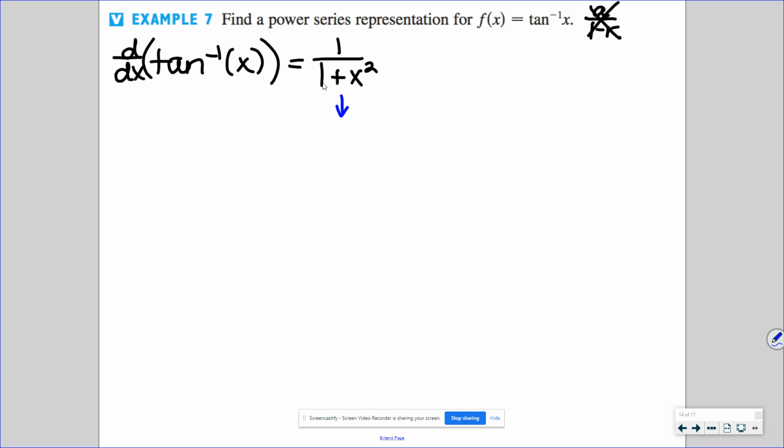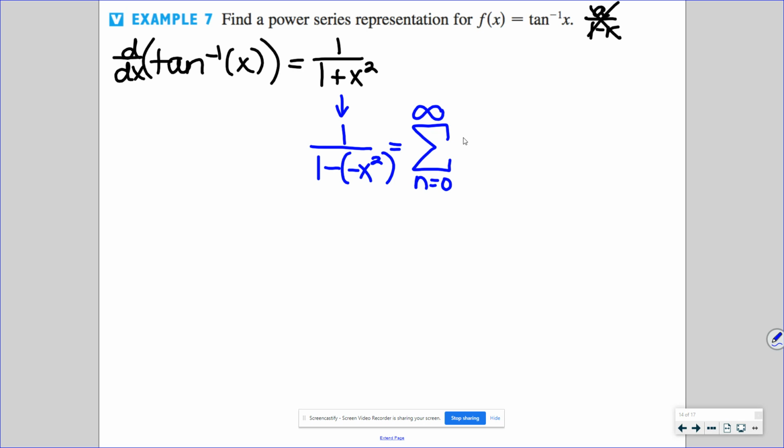Okay, so let's start with 1 over 1 plus x squared. How can I make that look like a over 1 minus r? Well, pretty easy. All I need is to make it 1 minus negative x squared. And I can write my series.